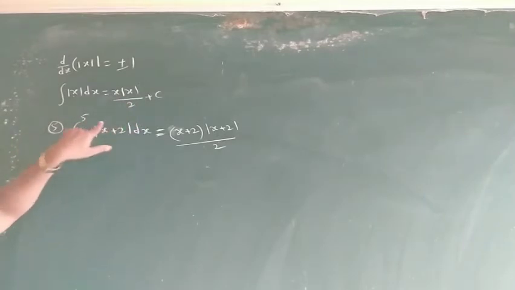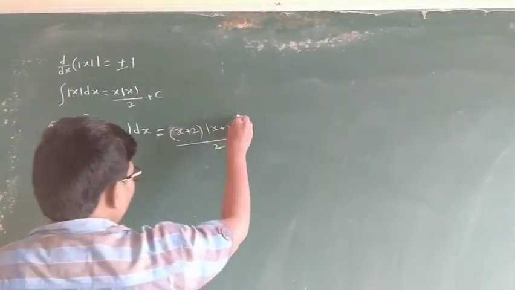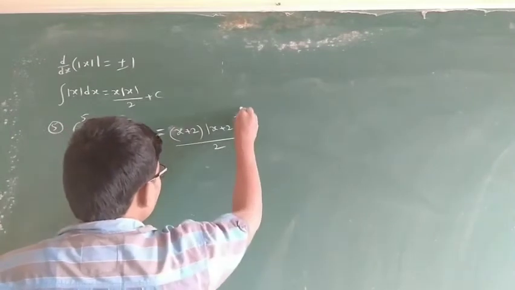Here x means x plus 2, so x plus 2 into mod of x plus 2 by 2. Here x plus 2 is taken, for example, as t. Mod t integral is t mod t by 2, over the limits minus 5 to 5.